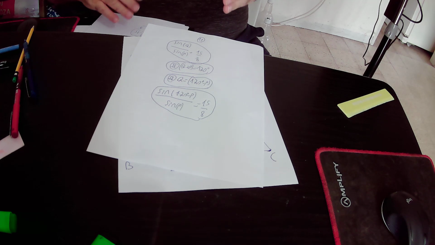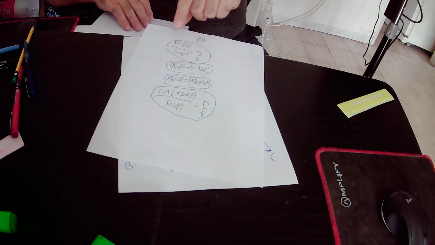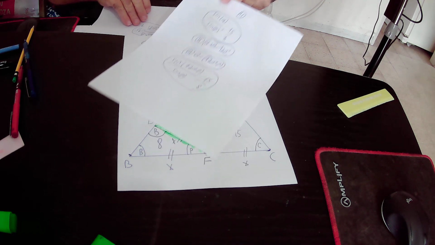Then I presented to you the trigonometric identity sine (A minus B) in order to find out the value of sine (120 degrees minus P).